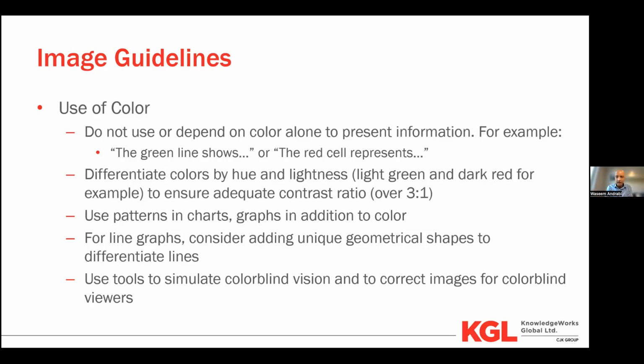For line graphs, for example, you can add unique geometrical shapes to differentiate colored lines and help users follow the path of the line, even if they cannot distinguish it from the color of other lines. Then adding high contrast borders to help visually separate different parts of a map, graph, or a chart is also important.